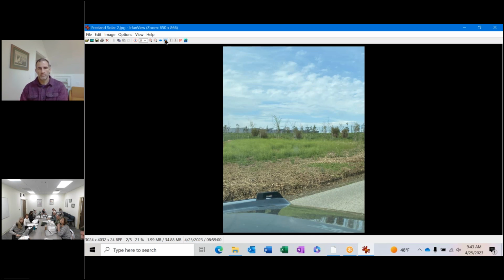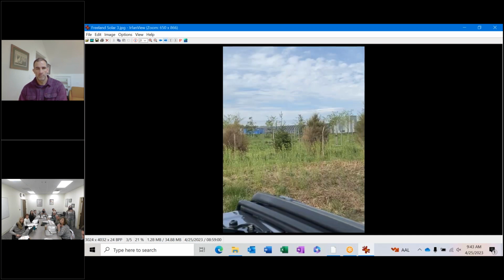You can see that some of the trees are dead already, they're dying. There may as well be nothing there. And then we get closer even. This is what we're trying to avoid, having this litter Carroll County. It is just an eyesore.